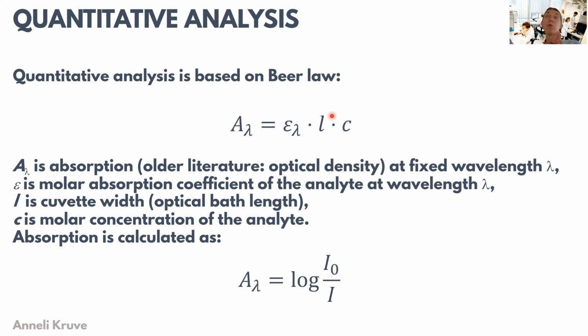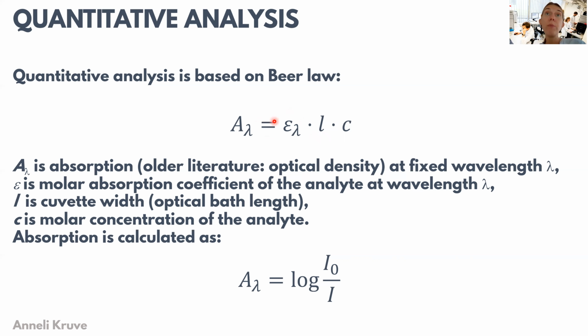And this is very logical because when we make the cuvette twice longer, then twice more compound molecules can be on this optical path when the light is passing through the sample holder, the cuvette, which means that it's also twice more probable that the light is being absorbed. So optical path length, for example, is something that can be optimized to obtain better sensitivity for low concentrations. So there are different cuvettes with different length that can be used.